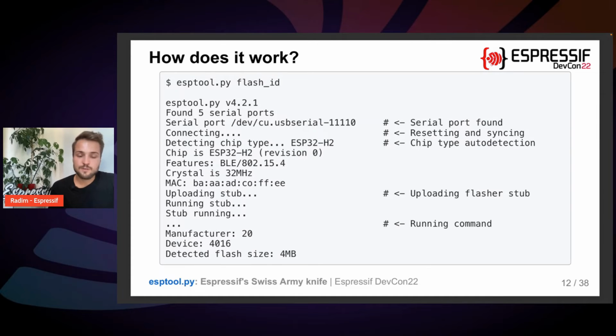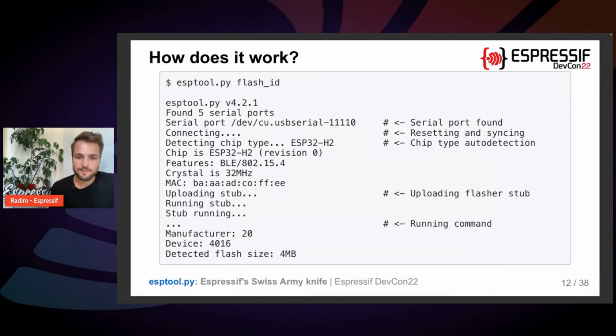If we can talk to the ESP, we can actually detect what kind of ESP we are using. That's why chip type auto detection is executed. And if ESP tool is successful and detects what kind of chip we are using, it can then do more. In the output, we get some information about the chip.